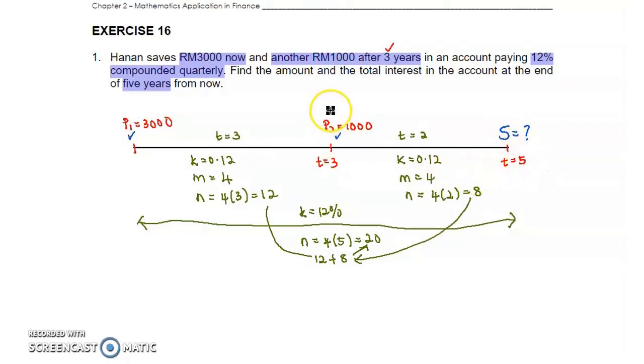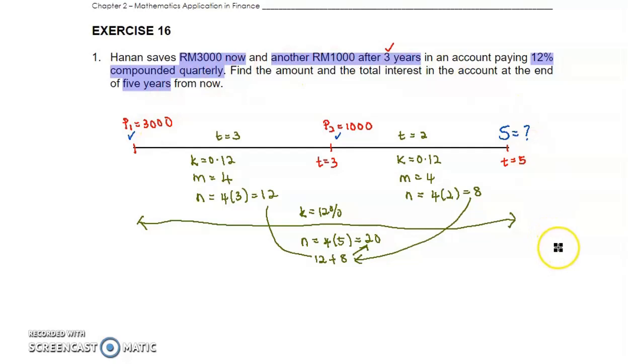Okay, so no need to calculate S1 here at the end of 3 years. You can directly calculate 3,000 for 5 years. Because why? Because we only have one rate. Previously, we calculated S1 here because we have different rates. So here we only have one rate, so you can directly calculate 3,000 until 5 years.